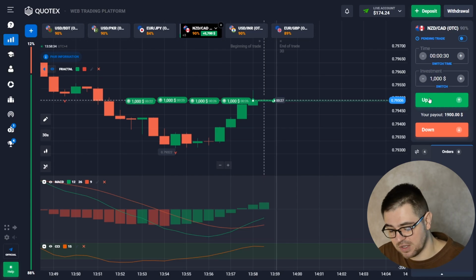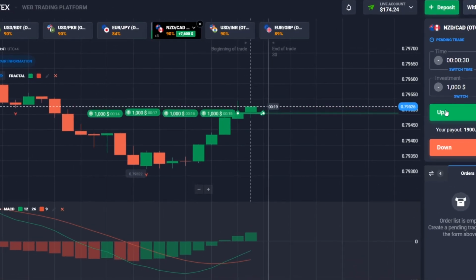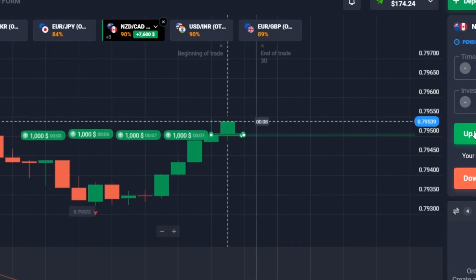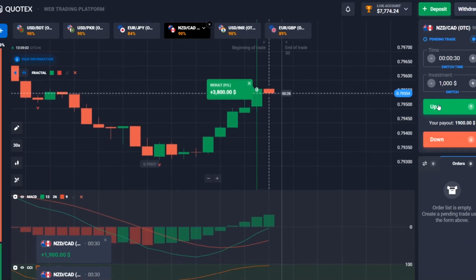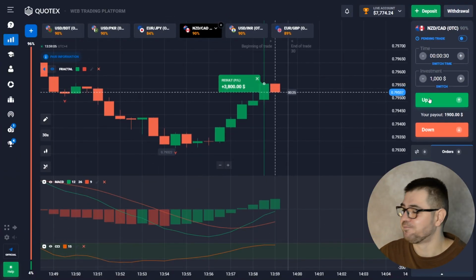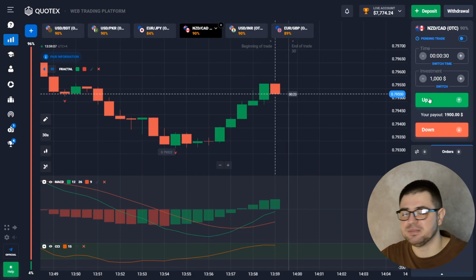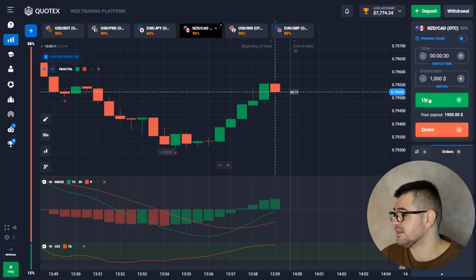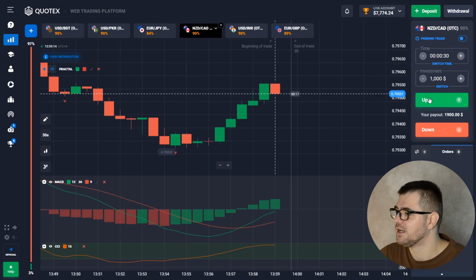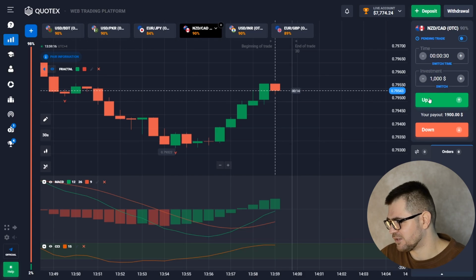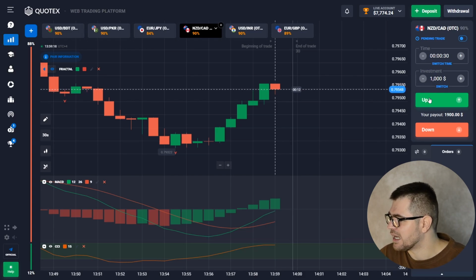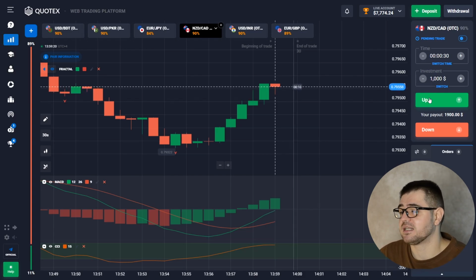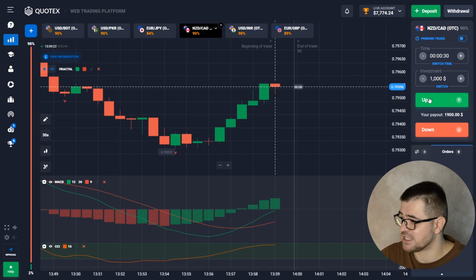Okay, and let's wait for the results. And here is the next profit. See, it grows exponentially because we're using the entirety of the balance, and therefore it is growing really fast. So with each one, it's like compound percentage.